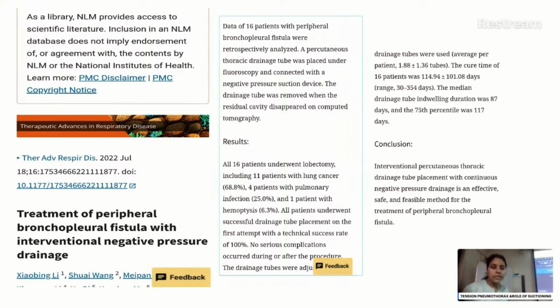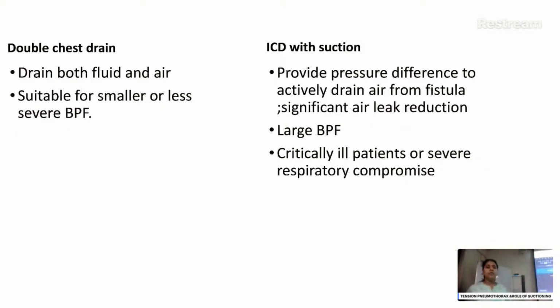They concluded that thoracic drainage tube placement with continuous negative pressure drainage is a very effective, safe, and feasible method for the treatment of bronchopleural fistula. In cases of bronchopleural fistula, instead of putting two ICDs, we can put a single ICD and connect it to suction. So that will give more appealing results in the patient.